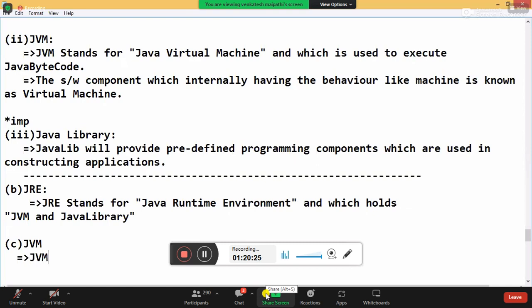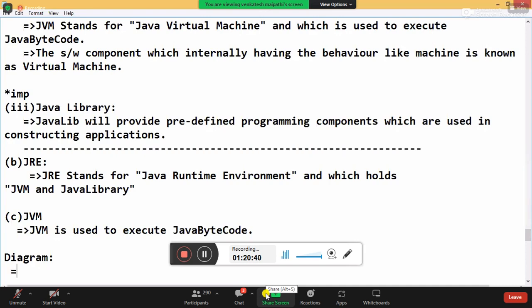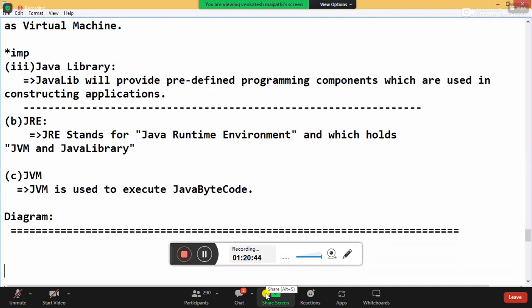Anyway, JVM is used to execute Java bytecode. Just now I wrote the definition. I'm writing one line here. So finally, why are they asking these questions together, sir? I want to know.